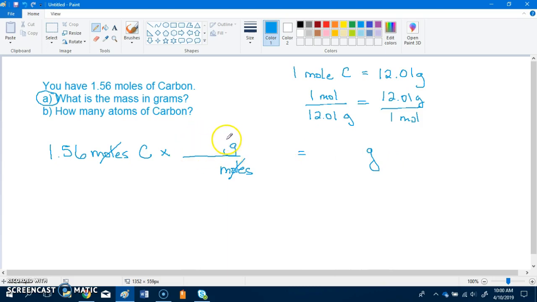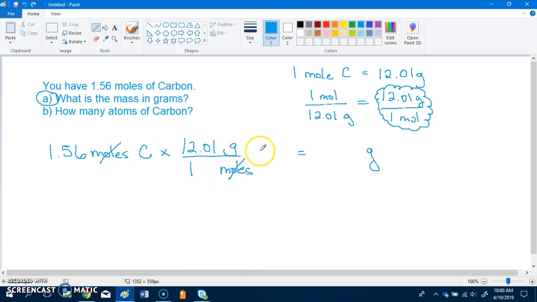So you can think of it in two ways. You can either think of putting what you're going to cancel out on the bottom, or you can think of whatever you need to find has to be on the top so that it does not get canceled out. So that means for this one we're going to use the conversion factor in this form, 12.01 over 1 mole.